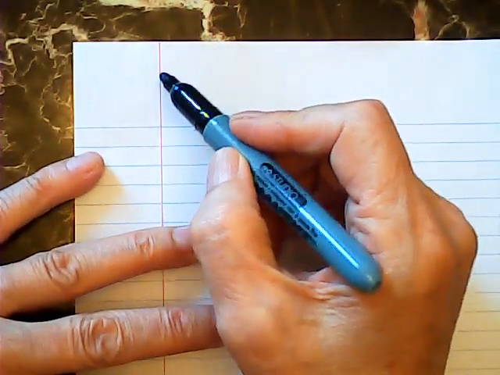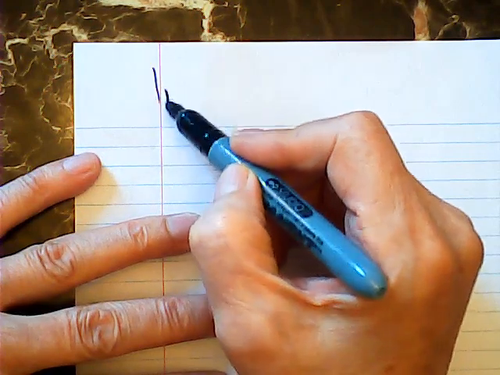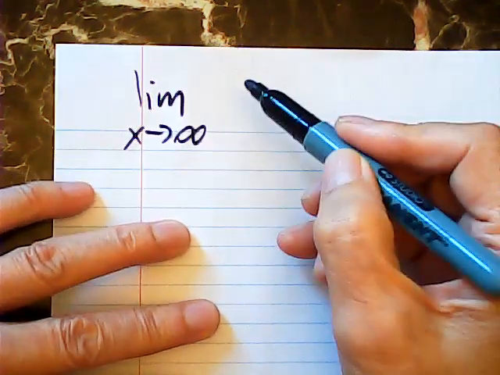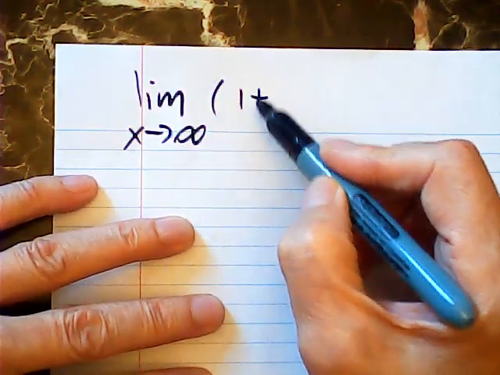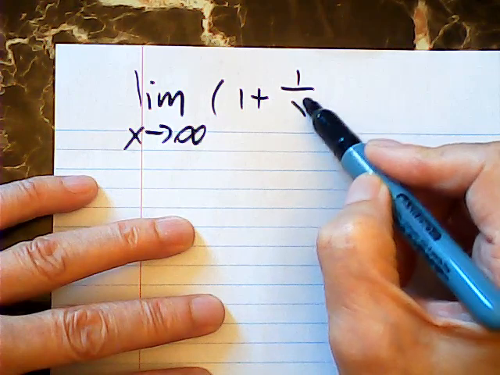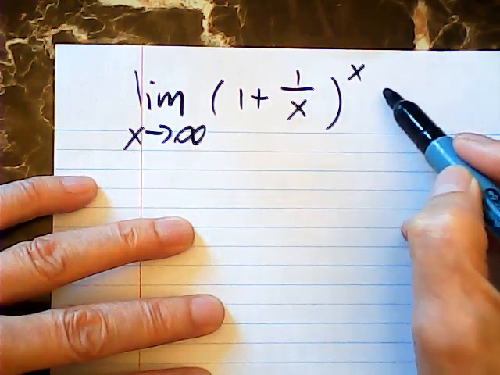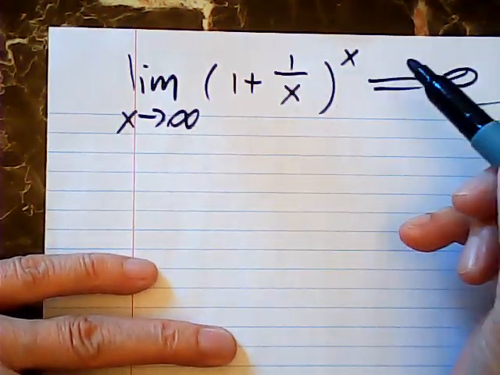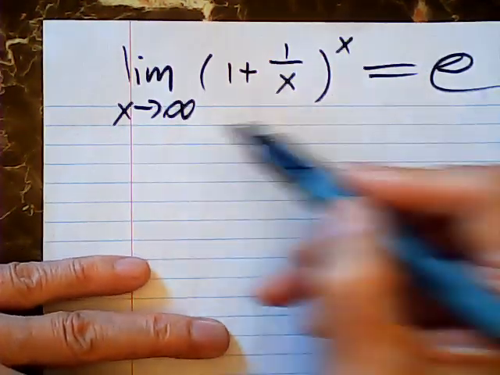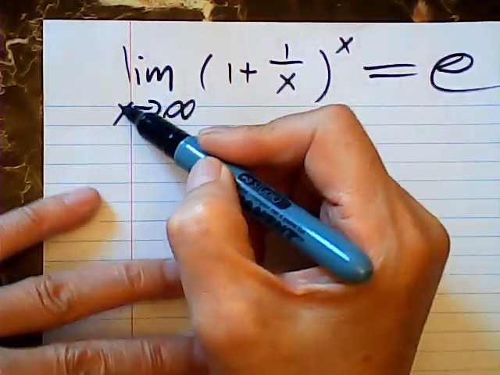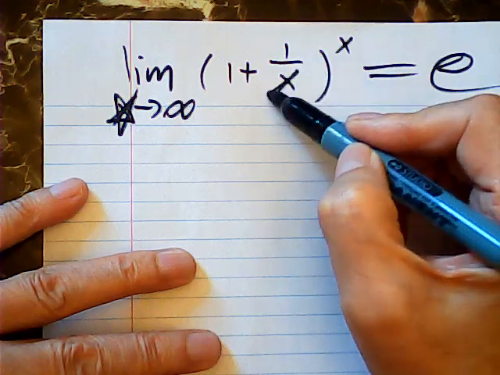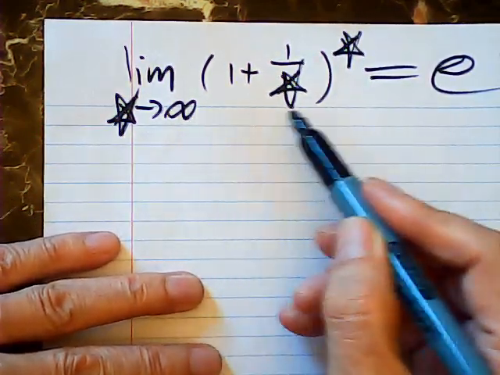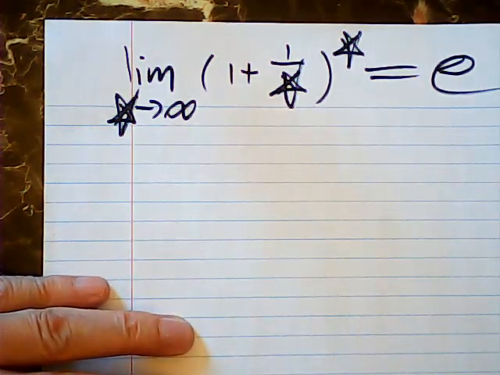Now let's recall that the limit as x goes to infinity of 1 plus 1 over x to the power of x is equal to e, right, isn't it? Well, I don't want to use x. Let me put a star here, because it could be a single variable, or it could even be a function.